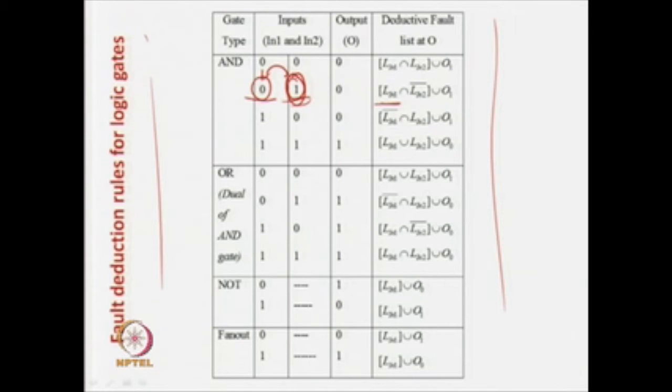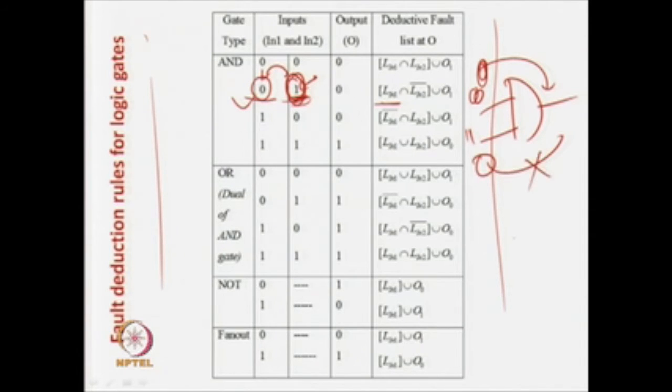Then it automatically takes care of the fact that if there is something common between these two, it will not be propagated. Why? Because this input is 1, so whatever is here will be propagated, but if there is something common, it will not be propagated, and whatever fault is at in2 will not be propagated because this input is 0. Basically, the idea is that this is 0 and this is 1. So, the fault list here will be propagated, and the fault list here will not be propagated. So, automatically, if there is something common between these two, it will not be propagated, because whatever is here is not allowed to be propagated.